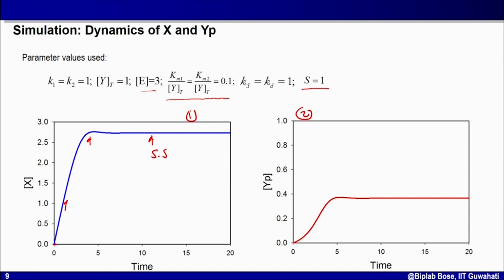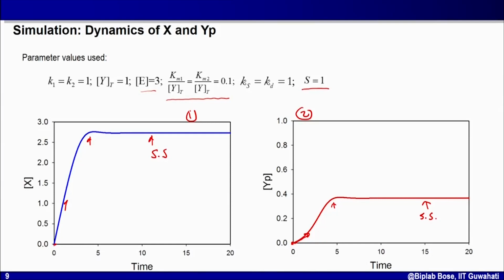Similarly, YP here starts from 0, and it moves up with a slight hump here, and then eventually it reaches a steady state. So here I can easily see that both X and YP are reaching steady state after some time. So that means this is a stable steady state. That's why the system is moving there. And it is expected also because the system is monostable.